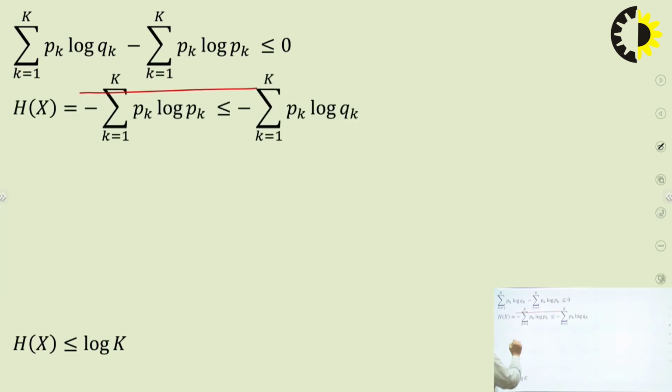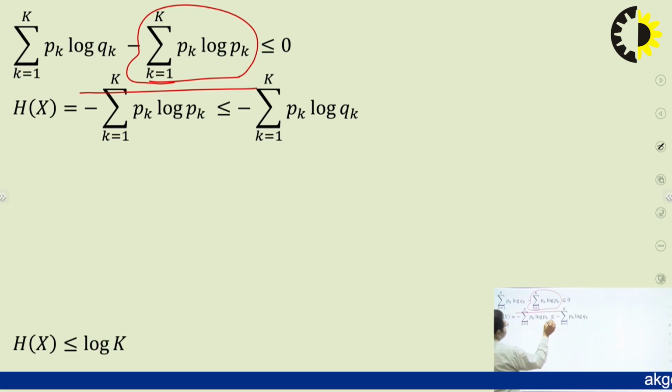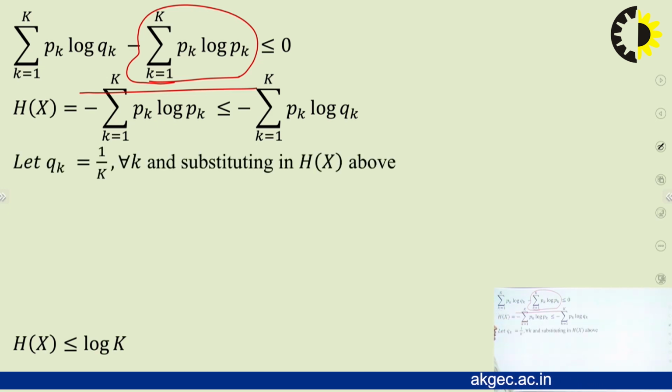Now, this quantity represents the entropy of source X. So, we can write this as H(X), and this must be less than or equal to minus the summation of Pk log Qk. For example, if we assume that in source Y all the symbols are equiprobable, in that case the probability of occurrence will be 1 by k.